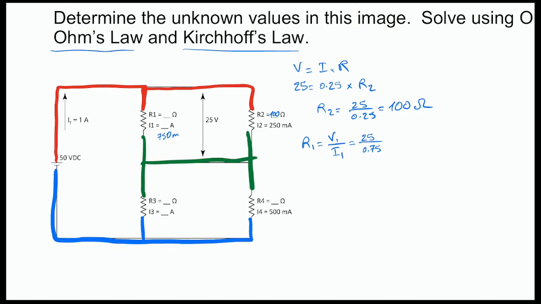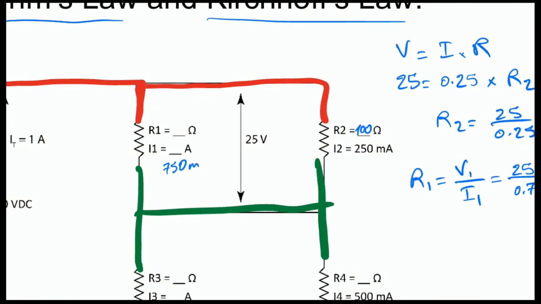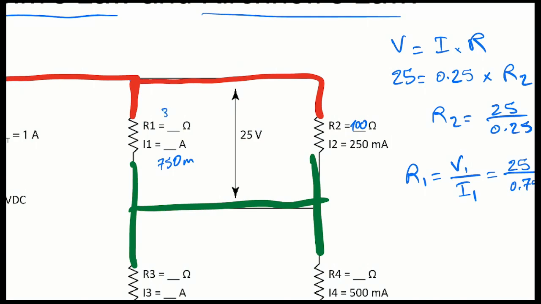So going back to the calculation here, let's put in the value, and the value is 33.33 continued ohms. Right, so that's right here. The value of R1 is 33.33 continued.